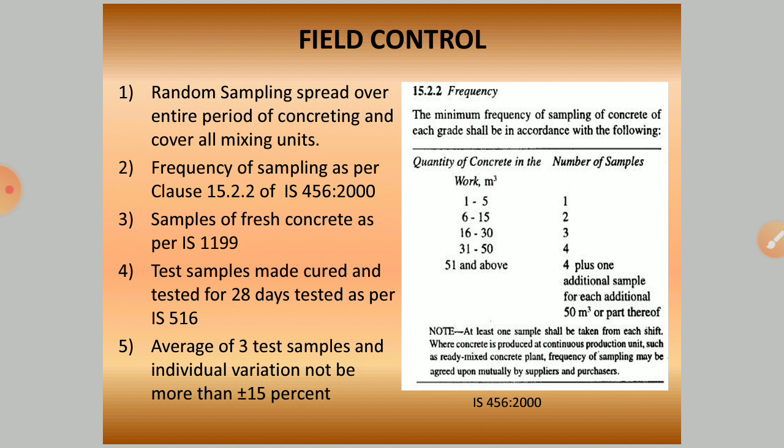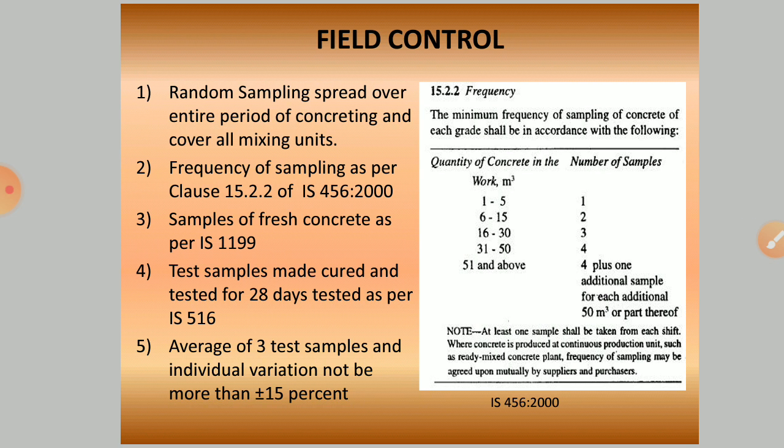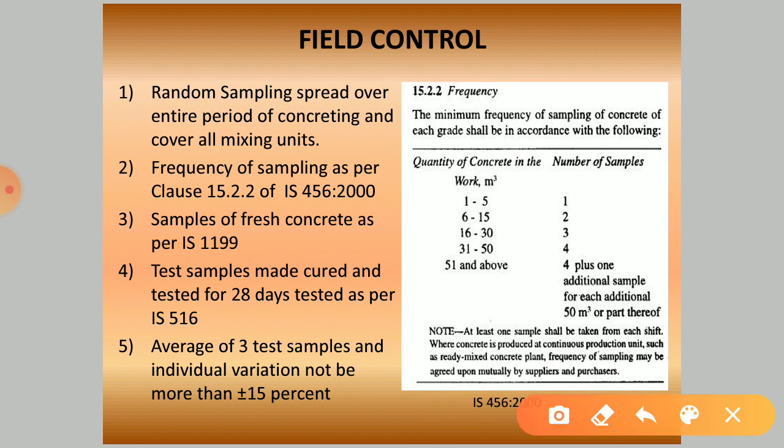Now next, third point, samples of fresh concrete shall be taken as per IS 1199. Next, test samples should be cured for 28 days and tested as per IS 516. You should read these IS codes, and how to take the samples and how to test the concrete specimens or samples.